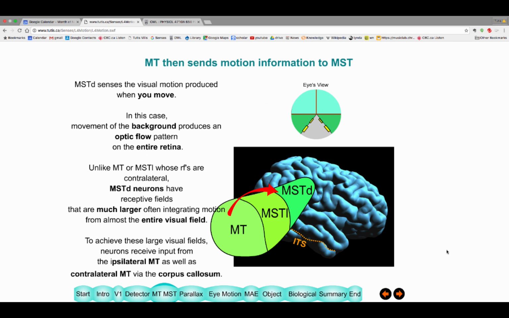The only other cells that we found that do this were the cells that recognize faces in the fusiform face area. To recognize a face, you have to look at both sides of the face, and they also get information from both LOCs. In this case, this MSTD is getting information from this MT, but also from the one on the opposite side.